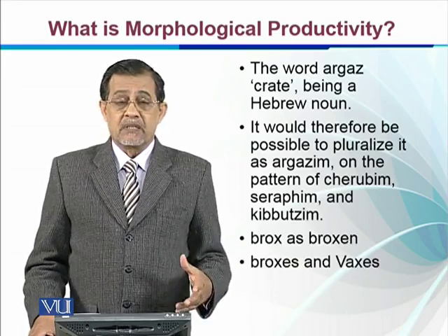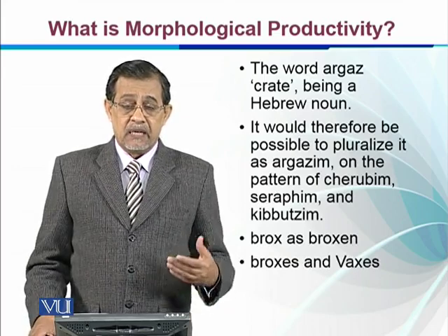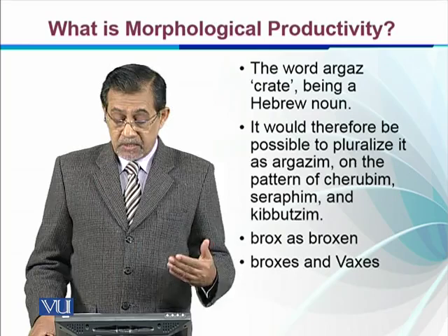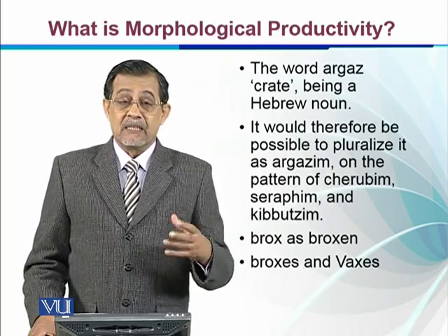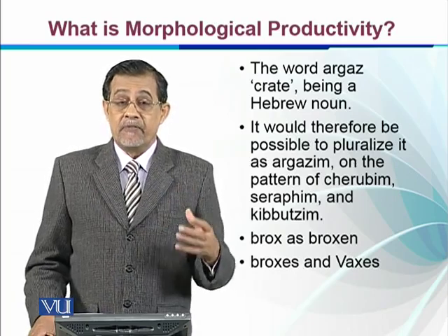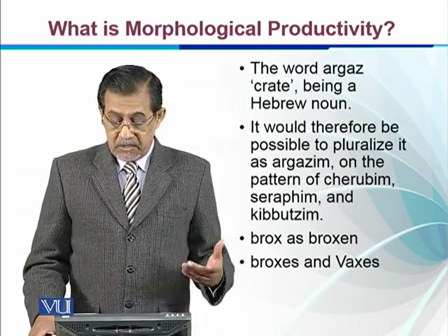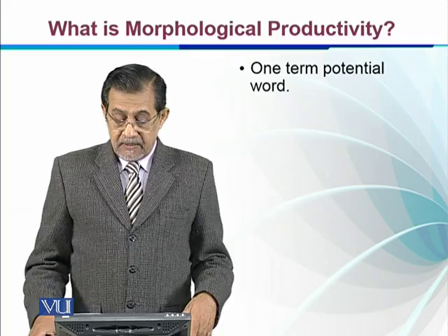However, brox, to which we had added es, would likely be made broxen, because x reminds us of ox, which is made plural with oxen, broxes and waxes, right?